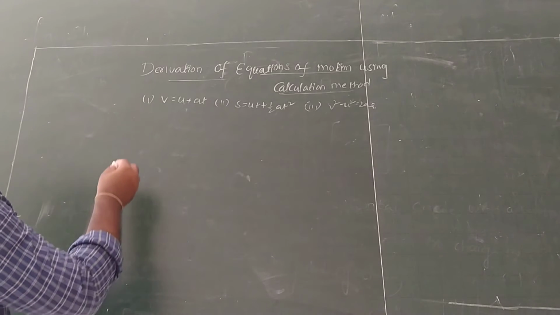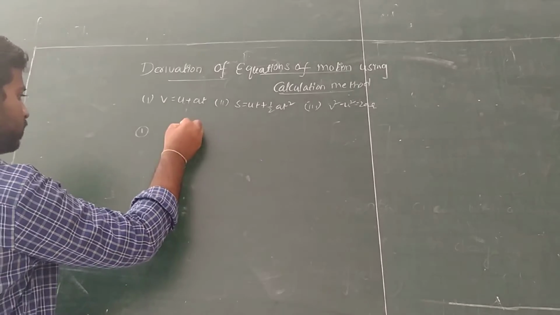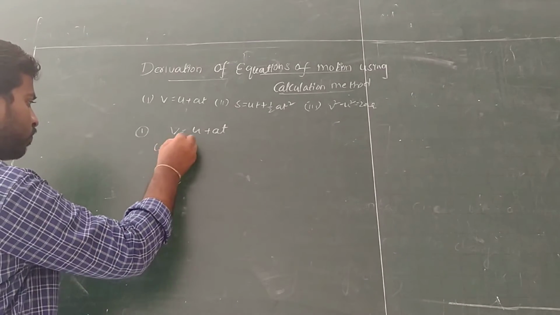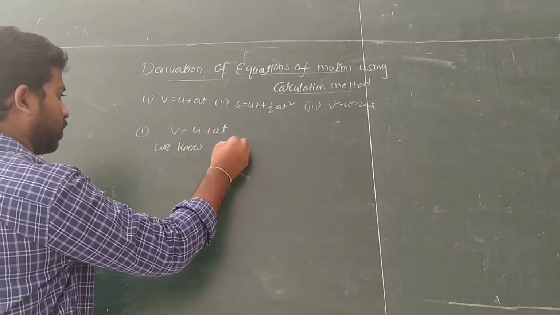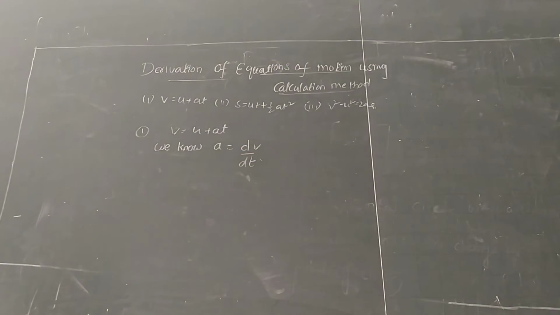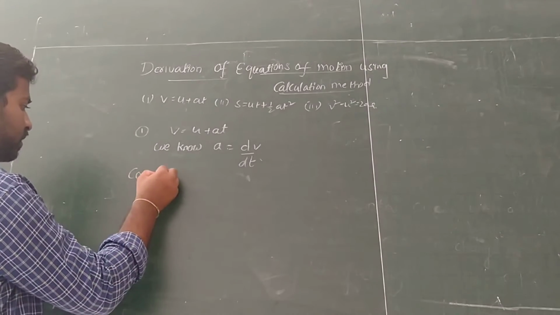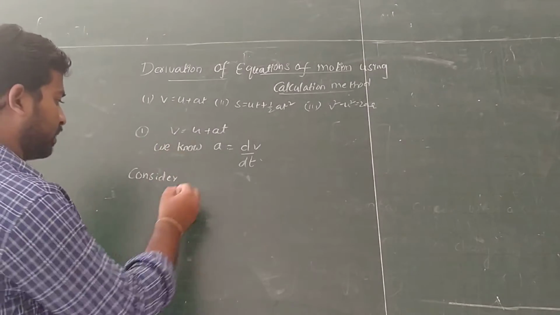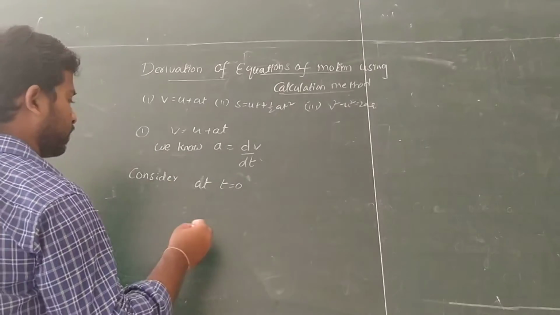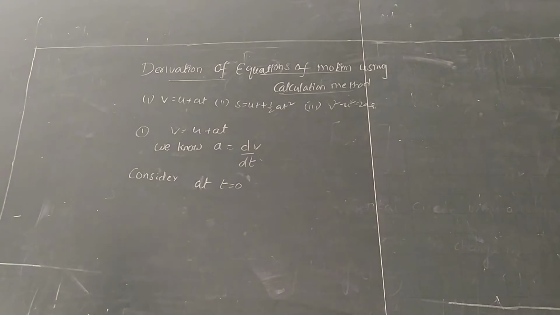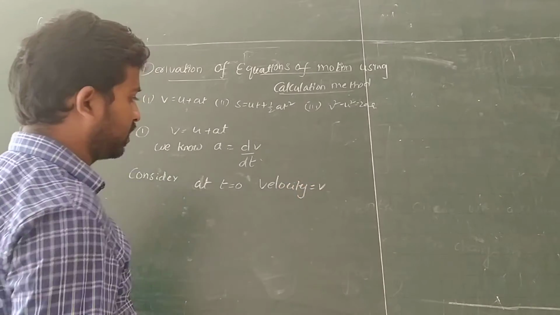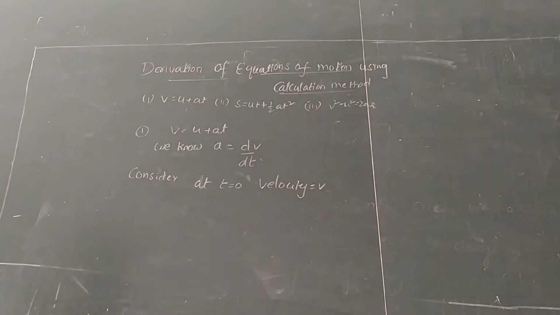First I will derive v equal to u plus at. We know A equal to dv by dt. Consider at time t equal to 0 the velocity is u, and at time t equal to t the velocity is v, because if it starts from rest then u equal to 0.